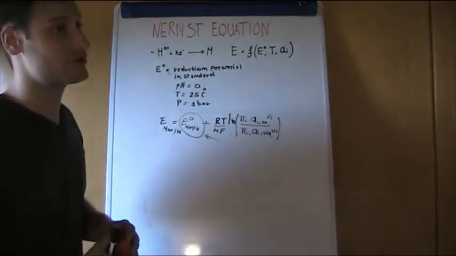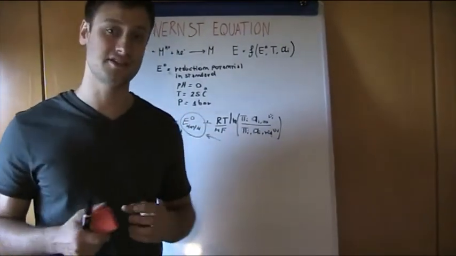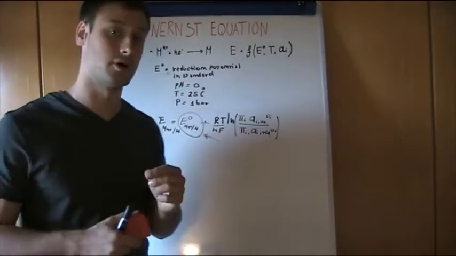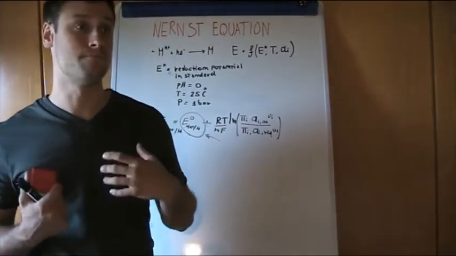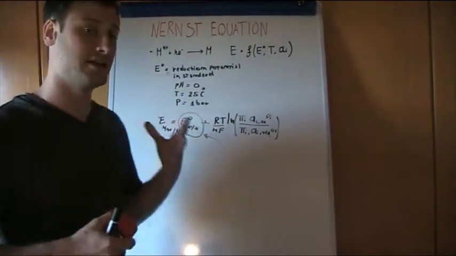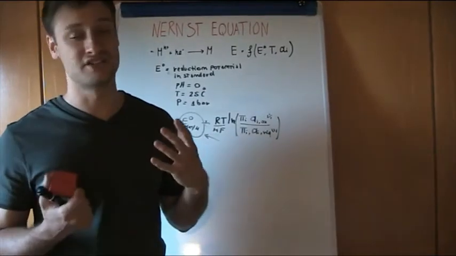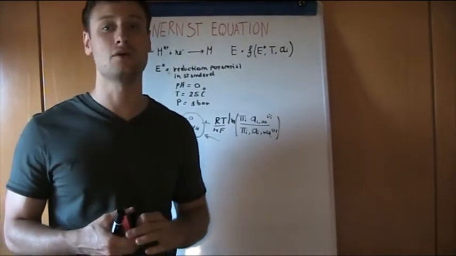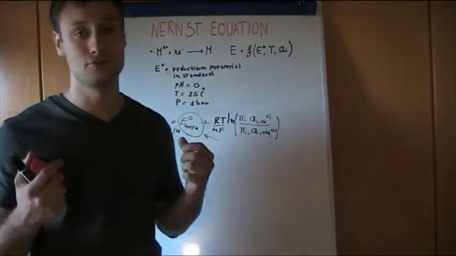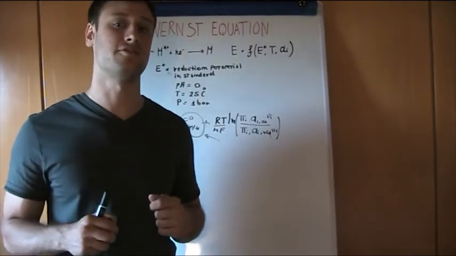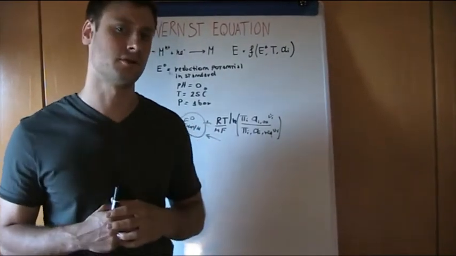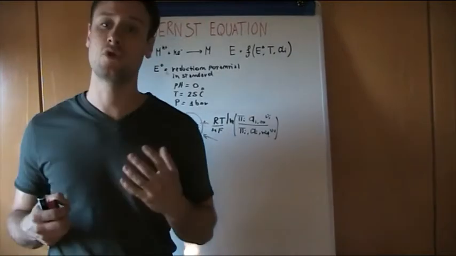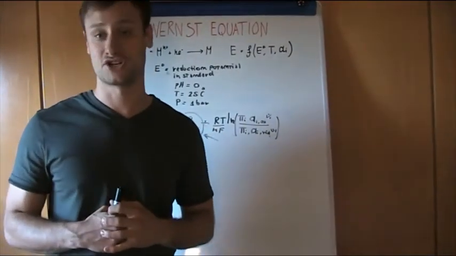But in one of the first lessons, we have seen how it's impossible to measure a single electrode potential directly, because the only type of measurement that we can do is a potential difference. But how is it possible to know this parameter if we are only able to know a potential difference?